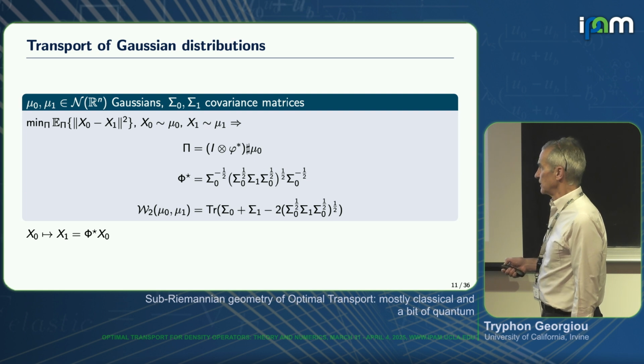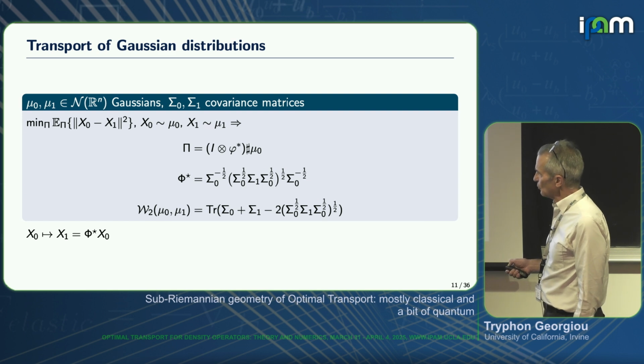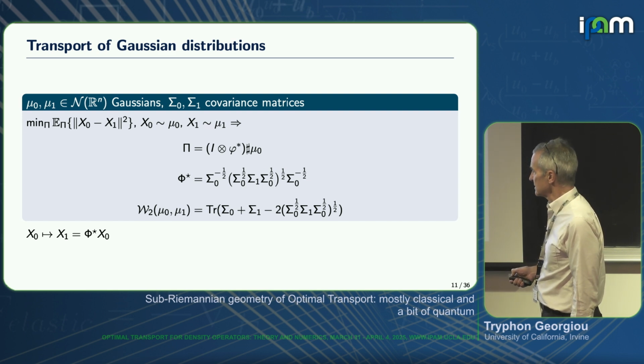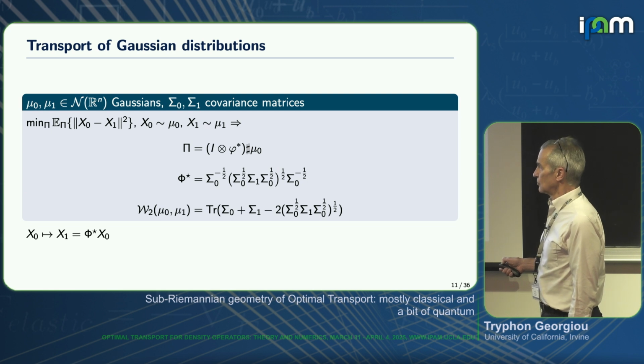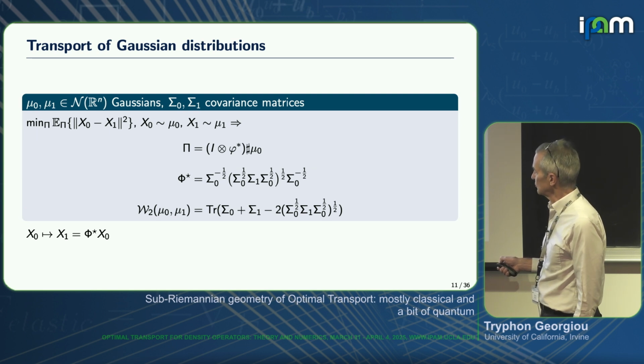So when we are transporting between normal distributions, the transportation cost can be written in a variety of ways. It can be written as the minimum over couplings between beginning and end of two random variables that are distributed according to the two Gaussians. The optimal transportation plan sits on the support of this transportation map.